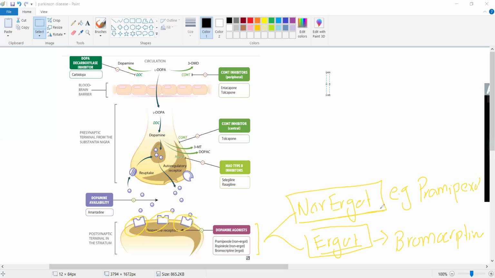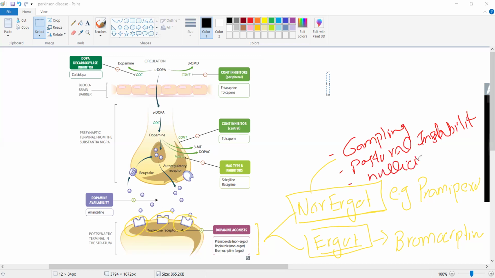Okay, the side effects of the non-ergot like pramipexole are high yield. So the side effects of this drug are gambling, postural instability, hallucination, confusion, and edema, right?